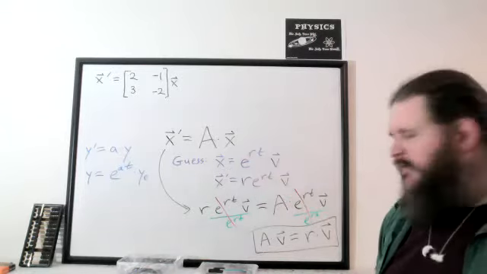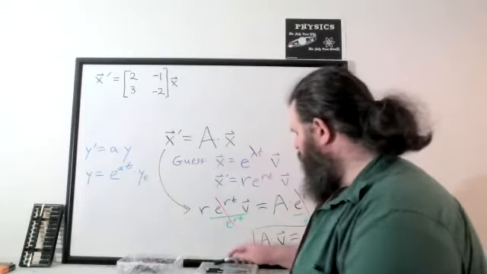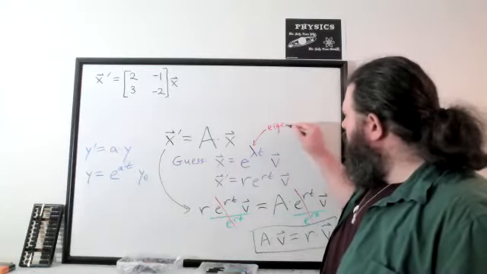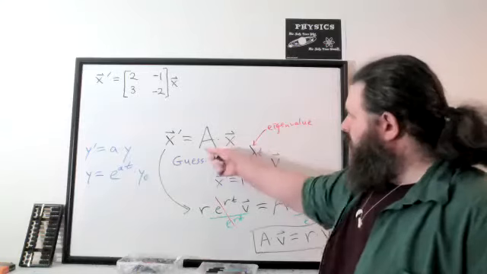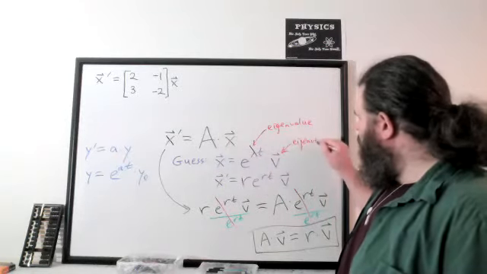Let's rename that to lambda, just because that's what we usually call eigenvalues. Ultimately, this guess works as long as lambda is an eigenvalue of the coefficient matrix, and v is the eigenvector associated with it.